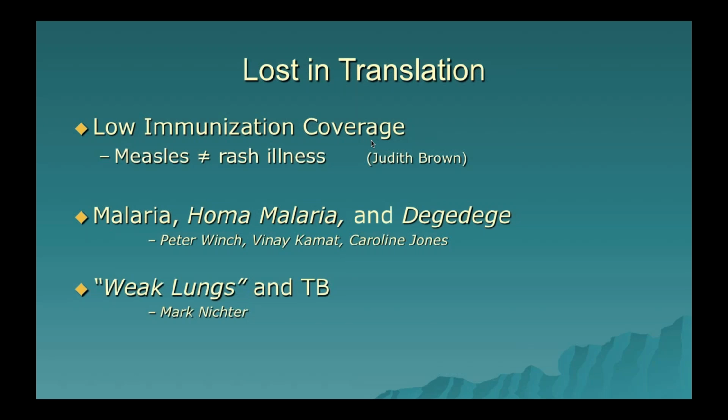Or Peter Winch in the area of tropical medicine made some important distinctions about the malaria season in Tanzania, about different categories, that malaria means different things to different people at different times, and this affects the use of insecticide-treated nets. Or Mark Nichter, doing work in India, talks about using a euphemism like weak lungs to patients who have TB and the problems associated with that translation problem. Next slide.